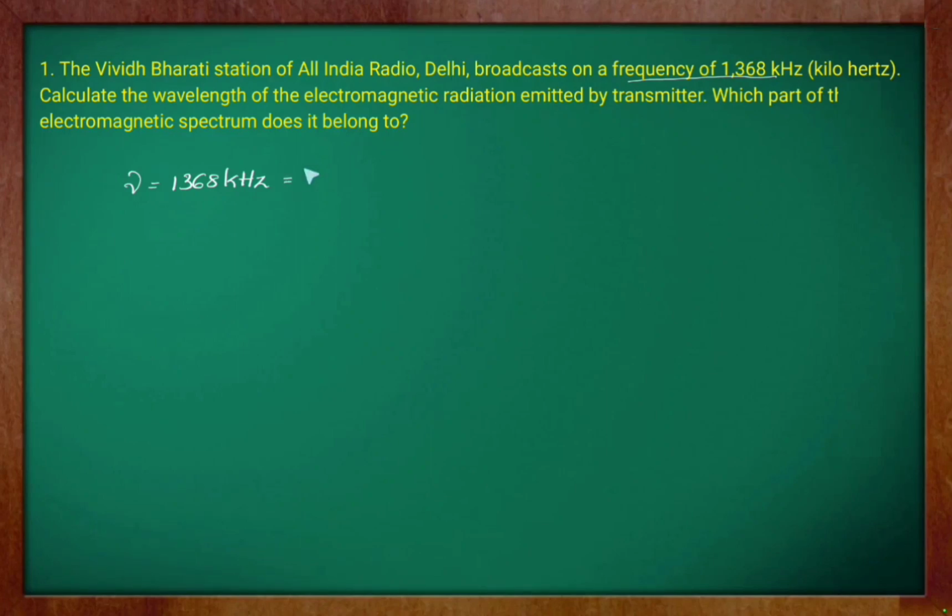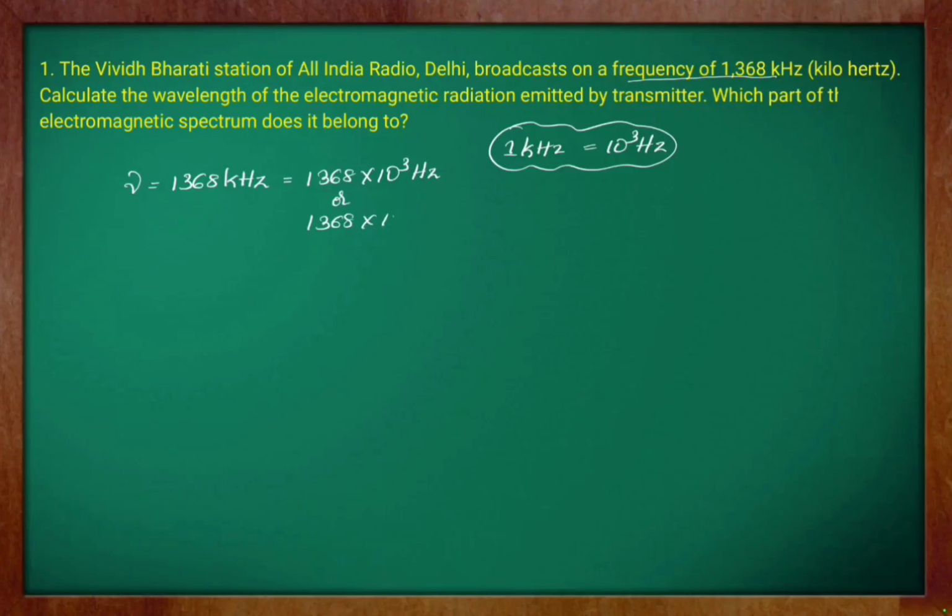So let us convert this. Kilohertz means 10 to the power 3 Hertz. So converting it, 1368 into 10 to the power 3 Hertz, or the unit is per second.